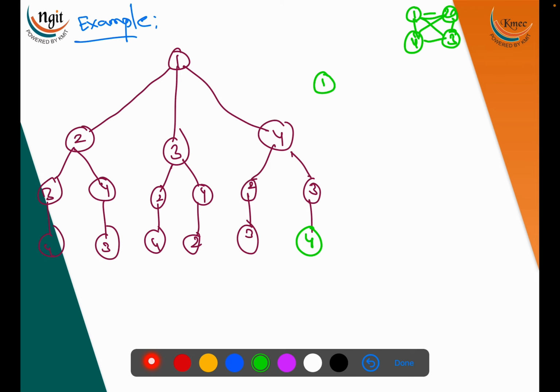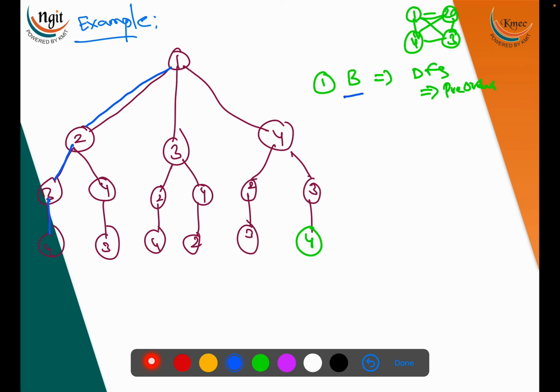The first difference is the order. So backtracking uses DFS. What is DFS? Depth first search. In other words, you can say it is a pre-order. That means it visits 1 to 2, 2 to 3, 3 to 4, if it is backtracking.